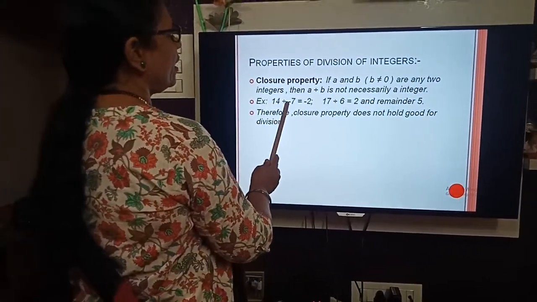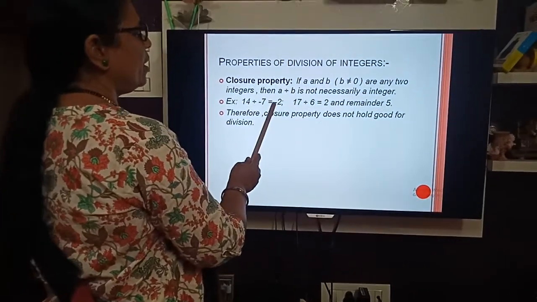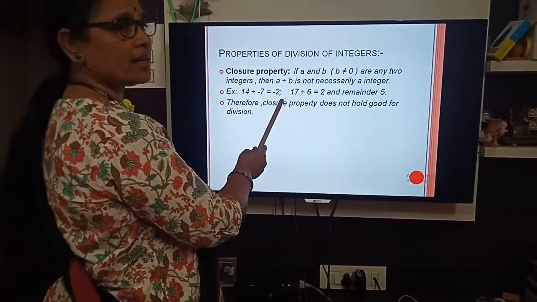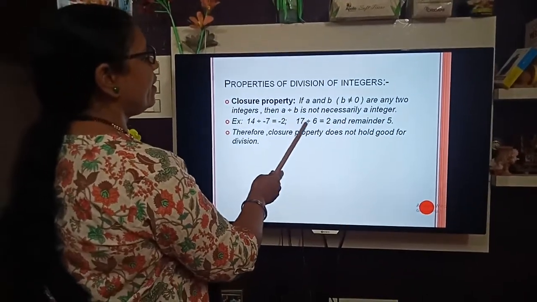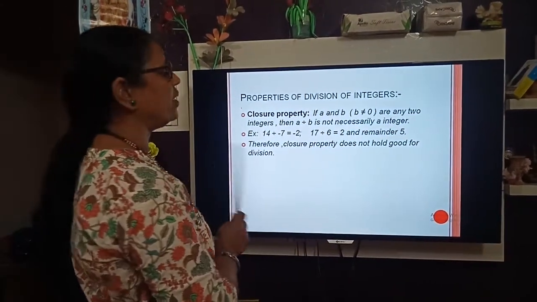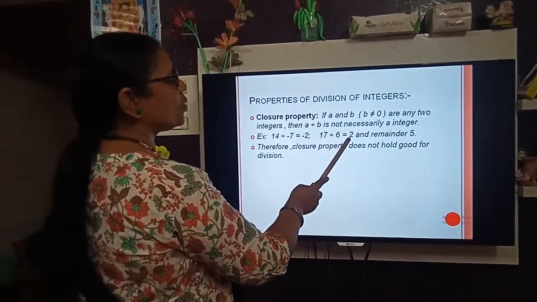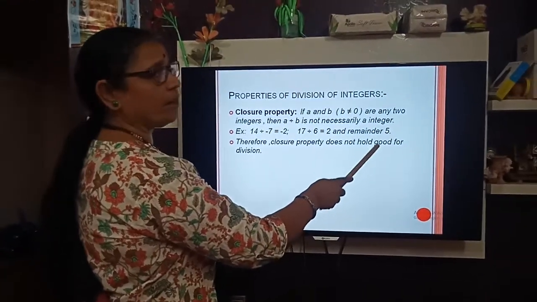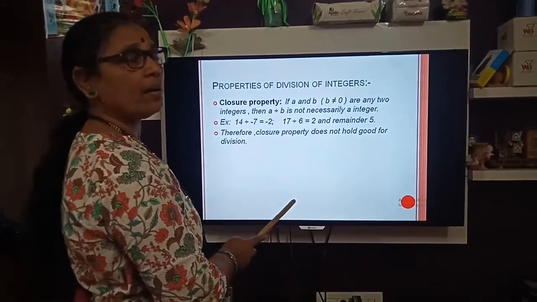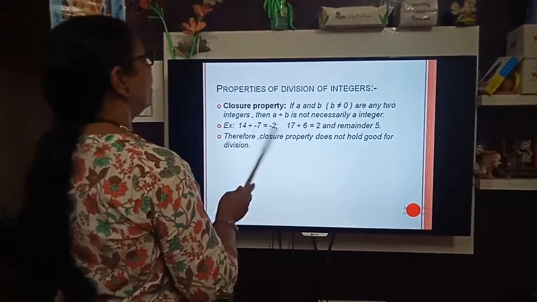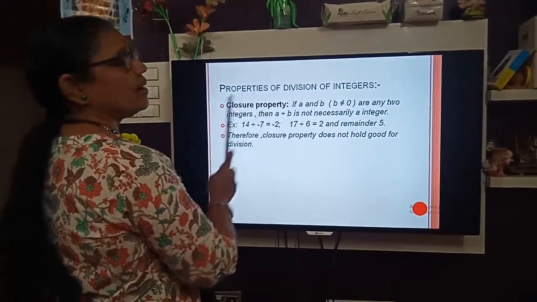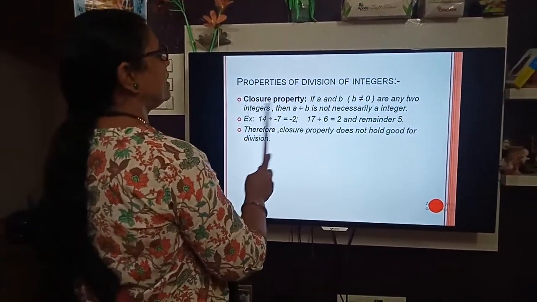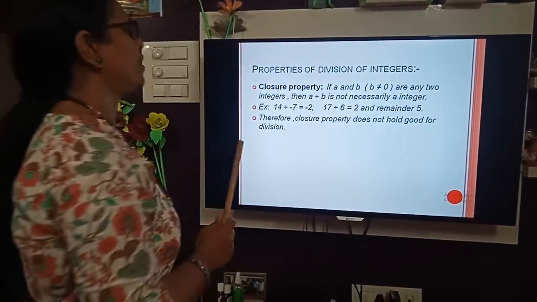See here, 14 divided by minus 7, as a result we get minus 2, and 17 divided by 6 if we consider, we'll get quotient as 2 but remainder remains there, 5. So when remainder remains, that is not a complete division. Hence this closure property does not exist for division of integers.